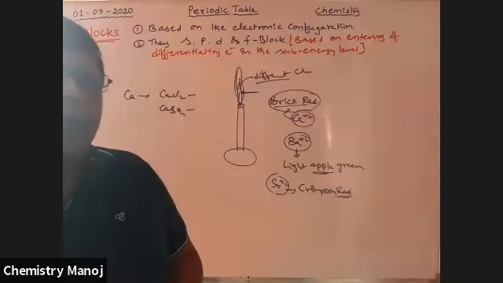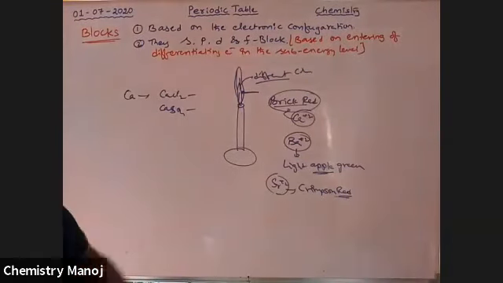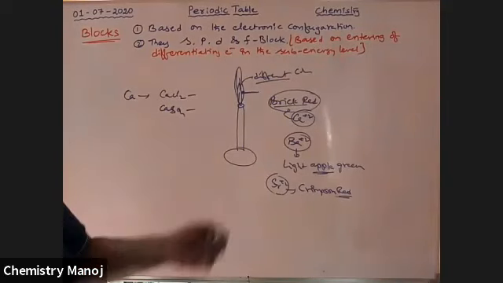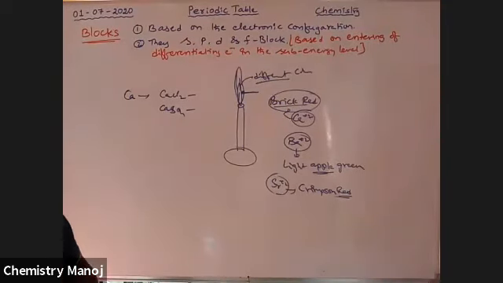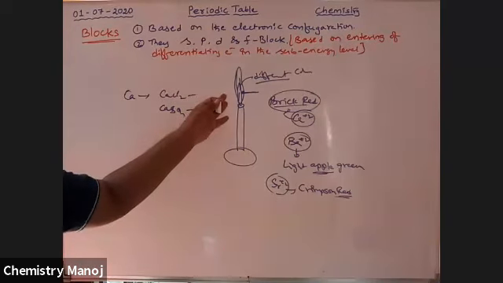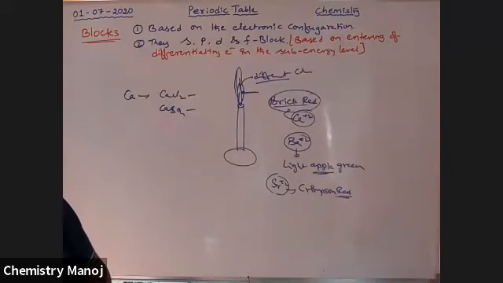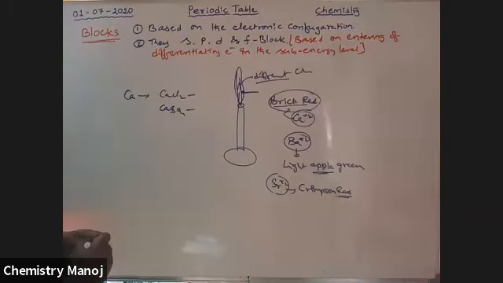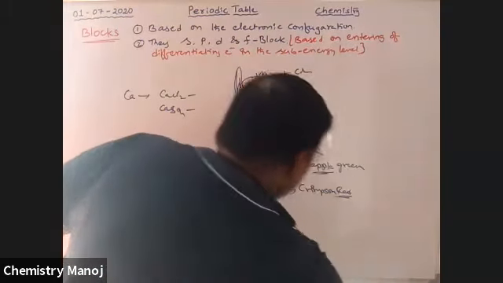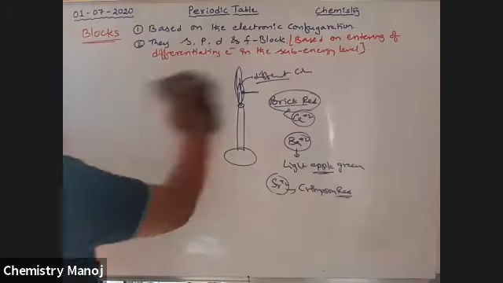Alkali metals and alkaline earth metals give different colors to the flame, which is why the test is called the flame test. By using the colors of the flame, we can identify which cation is present. So flame color test is possible for our alkali and alkaline earth metals.